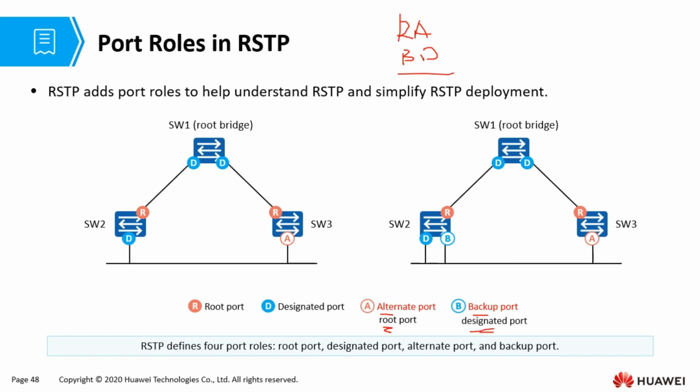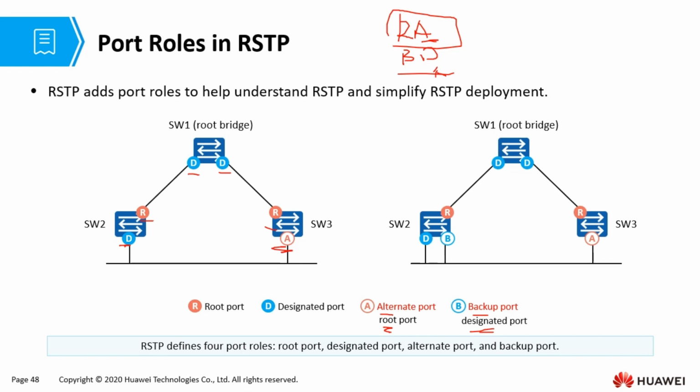That's the short form for you to remember: RA, the root port is backed up by the alternate port; BD, the backup port is used to back up the designated port. And we also have the edge port. Looking here, you have a designated port, the opposite will be a root port, and here will be your alternate port.